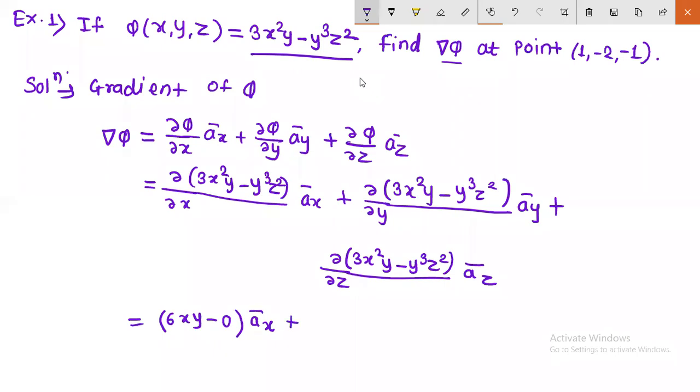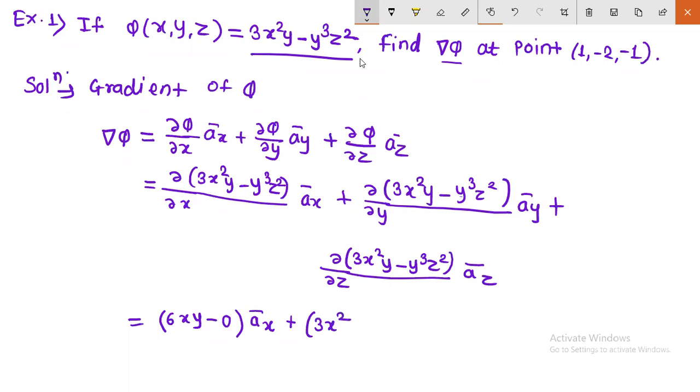Then plus del upon del y of this 3x square y minus y cube z square. We have to differentiate with respect to y. So this 3x square will remain as it is.